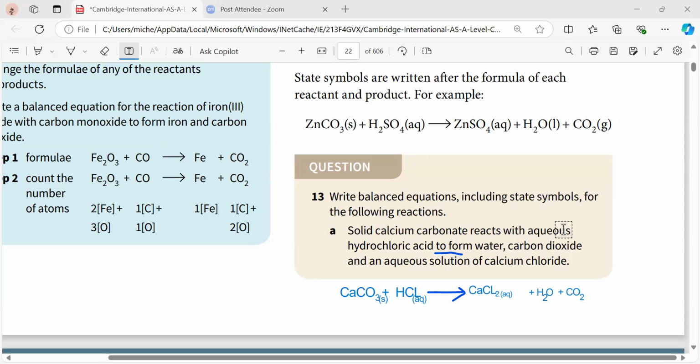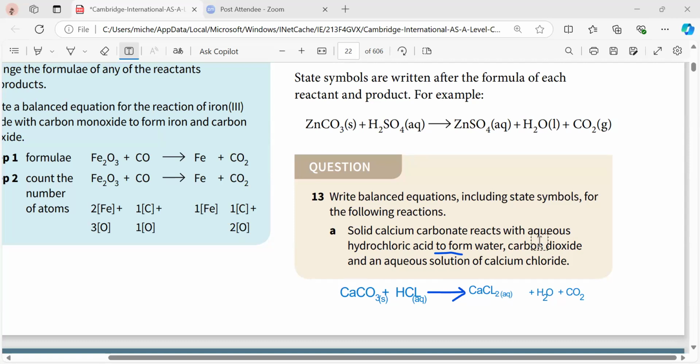Okay, so now we're going to see if it's balanced or not. First of all, we're going to check calcium right here. Calcium carbonate, only 1 calcium. And calcium right here is also 1 calcium. So calcium's already balanced. We don't have to do anything with it. So calcium, check.